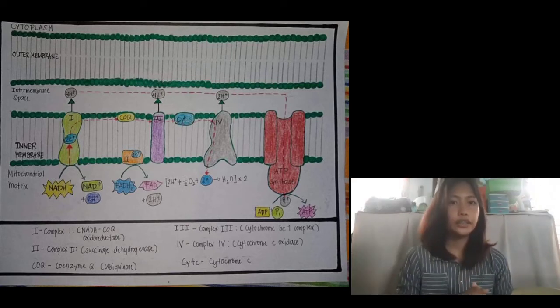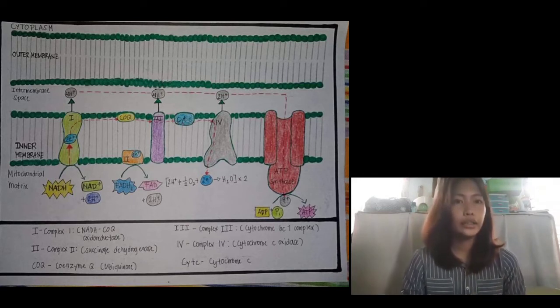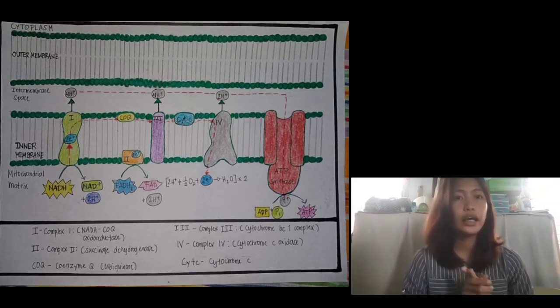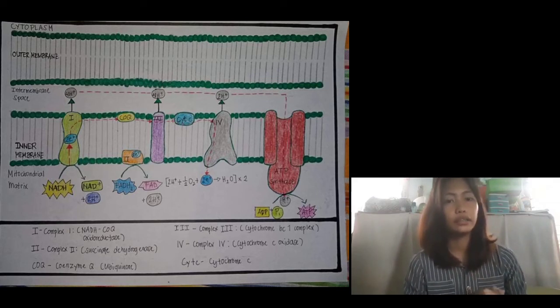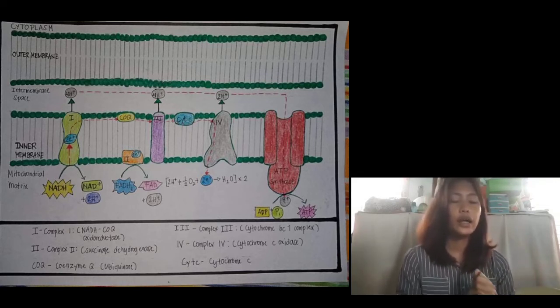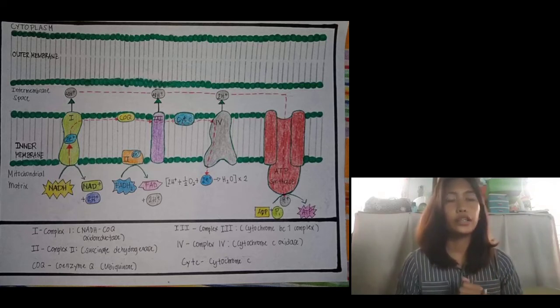These 4 electrons interact with the molecular oxygen molecule and 8 hydrogen ions. The 4 electrons, 4 of the hydrogen ions, and the molecular oxygen are used to form 2 water molecules. The other 4 hydrogen ions are pumped across the membrane. This series of hydrogen pumping steps creates a gradient.